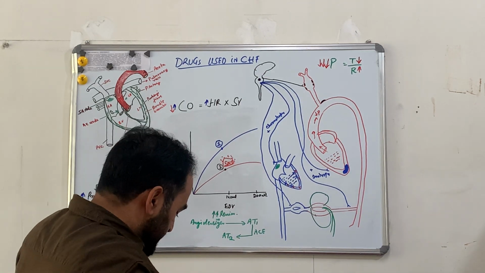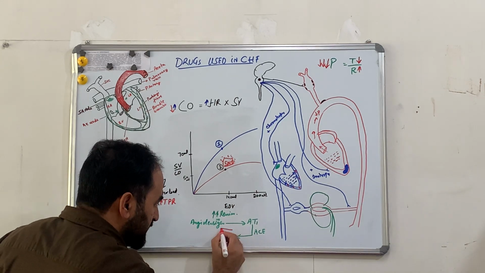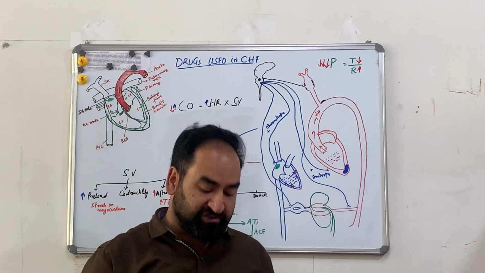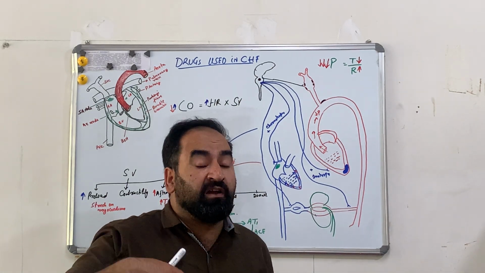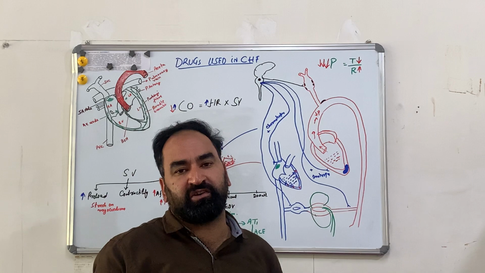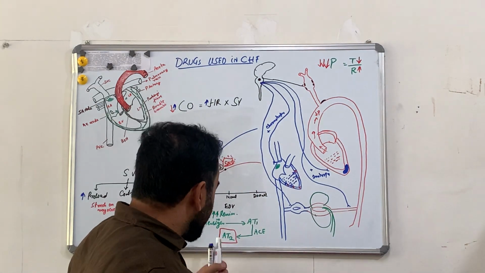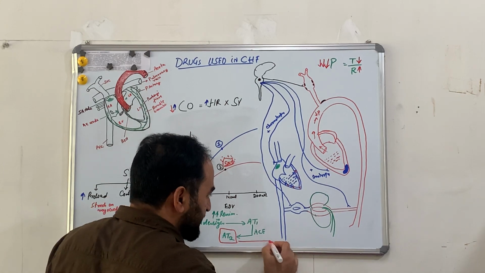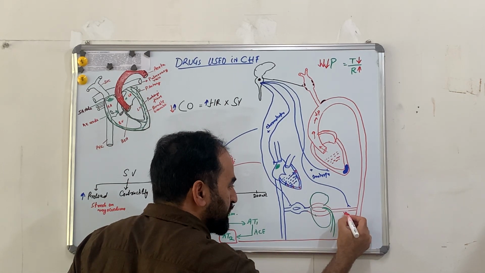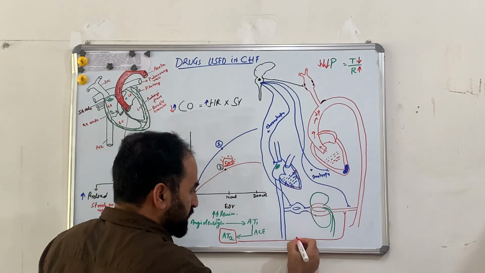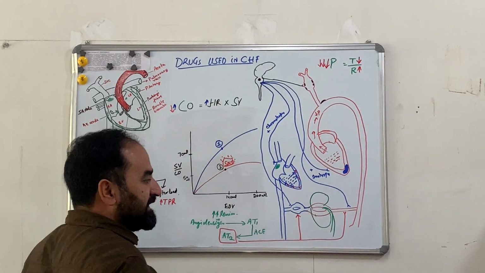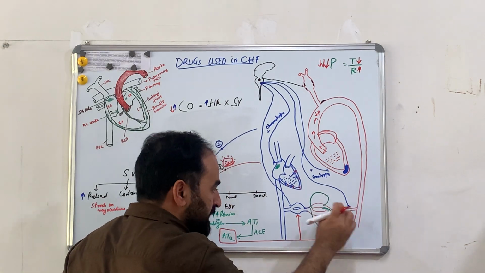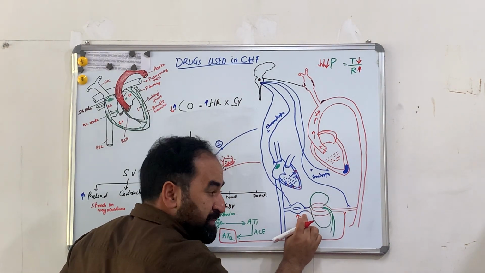You know what AT2 is? It has intense vasoconstriction activity and sympathetic stimulatory activity. That means AT2 further constricts your arteries and further constricts your veins, further increasing the afterload and further increasing your preload.